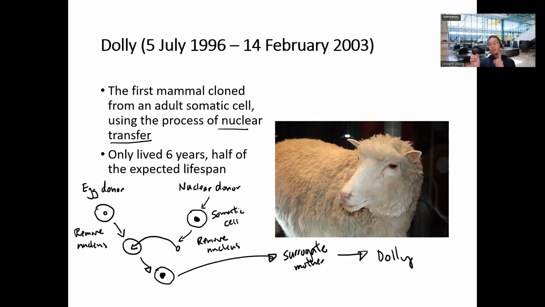So the telomeres in that donor have eroded for 10 years already. So when they transfer the nucleus to the egg and it ultimately becomes the clone sheep, the sheep is born with a cellular age that's equivalent to 10 years old, right? Because the telomeres that it inherited were 10 years old from the donor sheep.